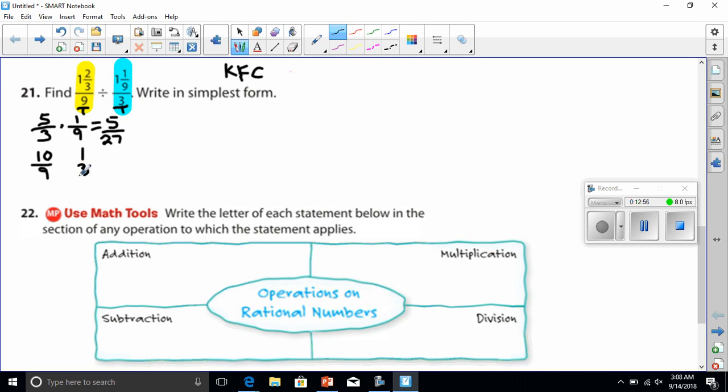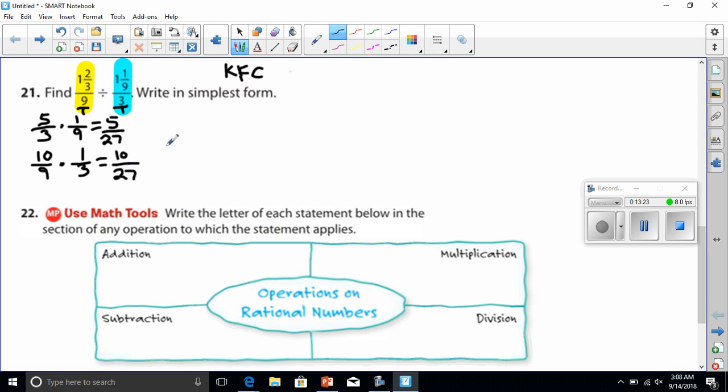Remember, we flip the second number. And now we change our division sign to multiplication. 10 times 1, again, I've already seen that I can't divide these into each other. 10 times 1 is 10. And 9 times 3 is 27.